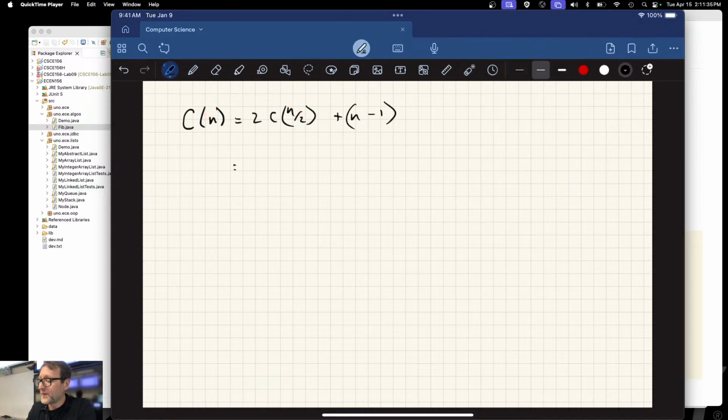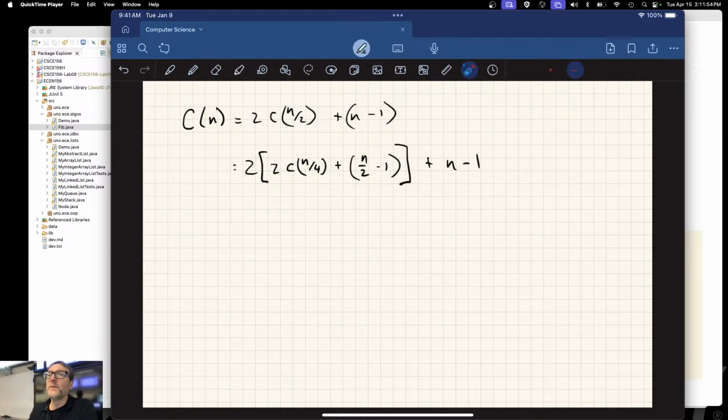This is equal to 2 times c sub n divided by 2 ends up being divided by 4, plus n divided by 2 minus 1 plus n minus 1. Basically what I'm doing here is I'm unfolding this. I am trying to eliminate this term by plugging it back into itself to get this term. Keep doing that 2 times.